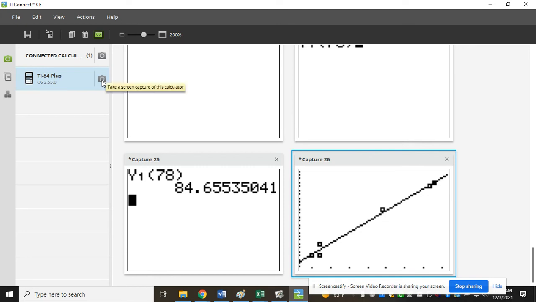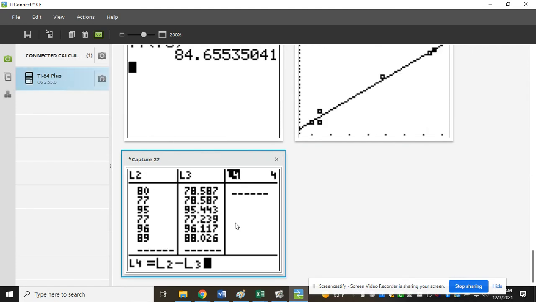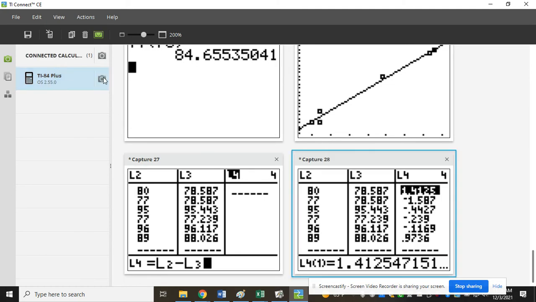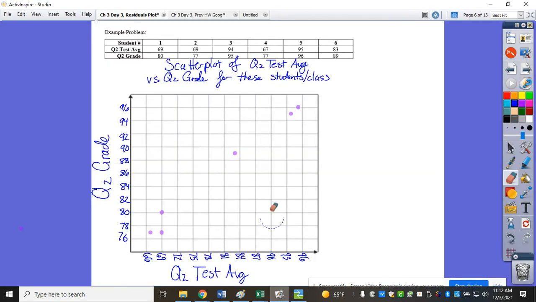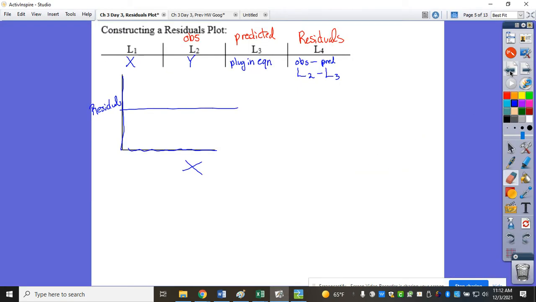All right. So either way, let's make sure you fill in your list 4 again from what you have. So list 3 minus list 2, or list 2 minus list 3. So what is now in our list 4? Residuals. So where we are in our notes here, we wrote our list 4 is going to be our residuals.